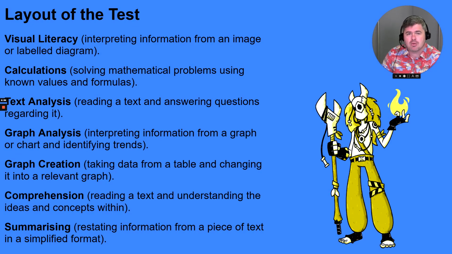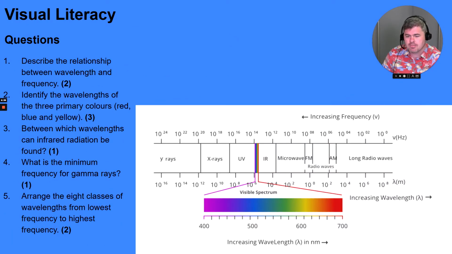So let's have a crack at some questions. For this page, we're just going to have an example. Now, the content of each of these questions will not match up with what is in the exam. So this question on visual literacy, in the exam, it may not be based on wavelengths. So don't cram all that wavelength information into your head thinking, I'm just going to copy this.